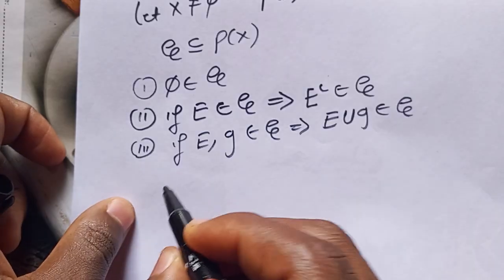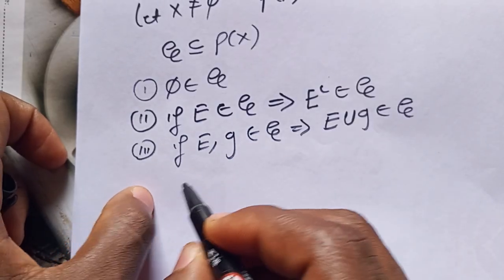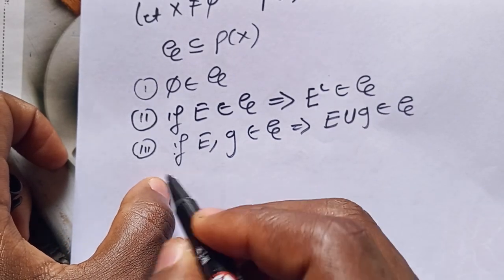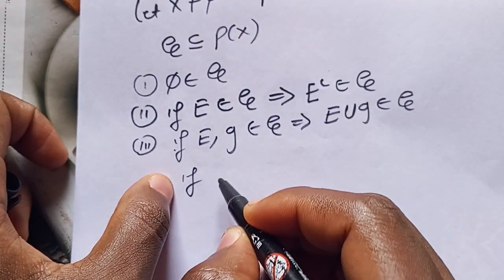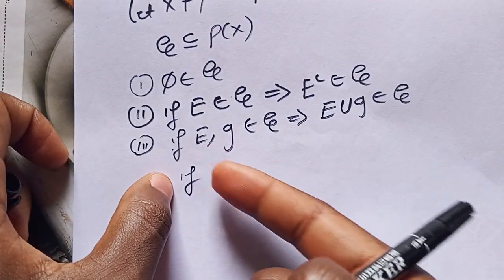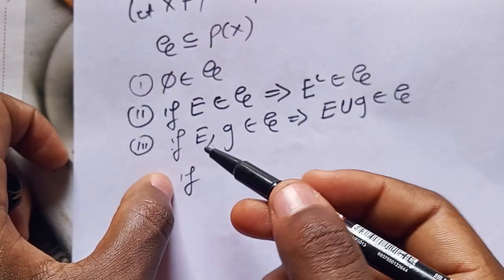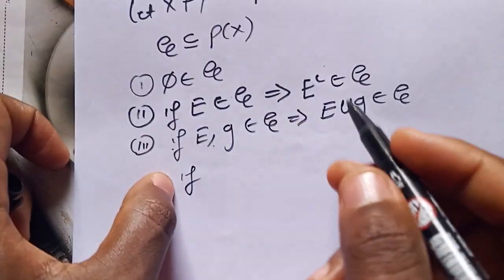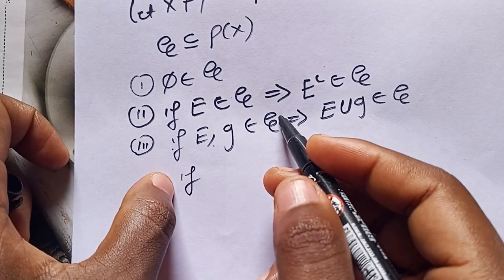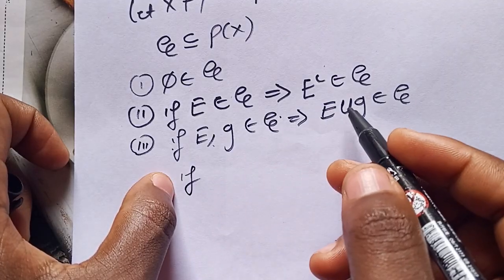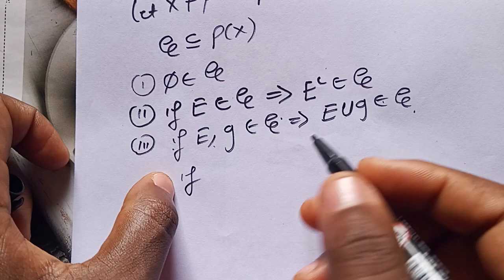Now, in some textbooks, for this condition three, this one is just saying finite union. If you pick any two sets in this algebra and you do their union, and their union is inside the algebra, then it satisfies condition 3.